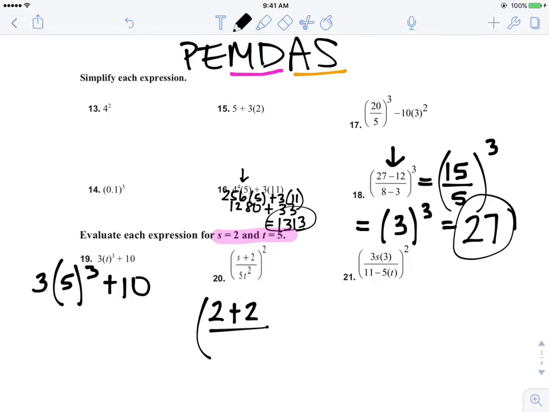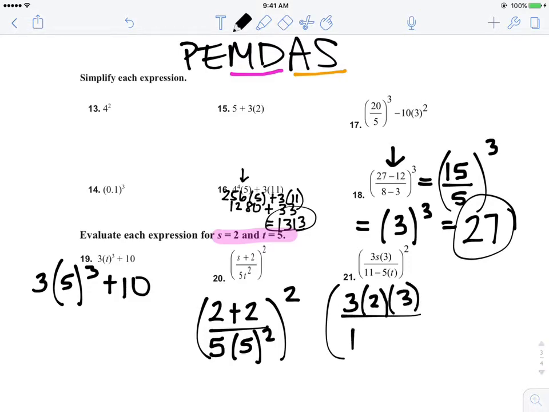S is equal to 2 and T is equal to 5. So we'll just replace everywhere that we see an S with a 2, and everywhere that we see a T with a 5. And we still follow the order of operations from there.